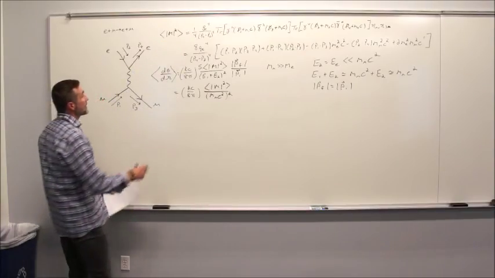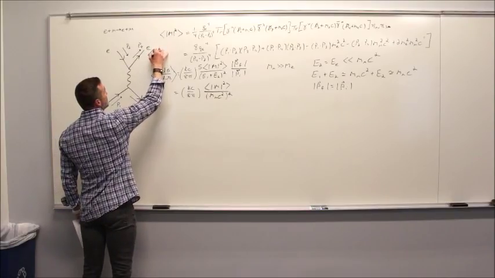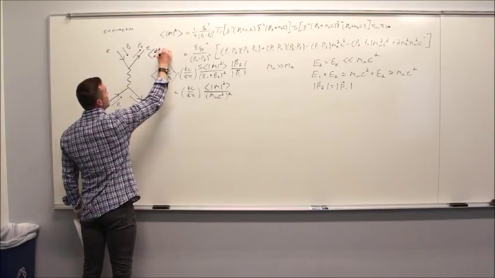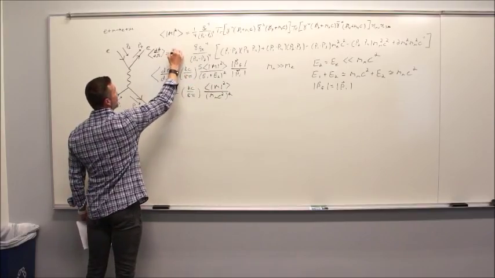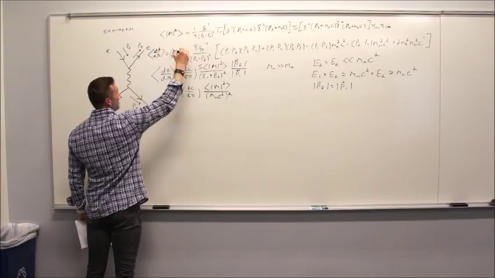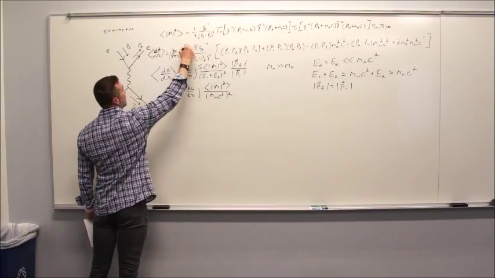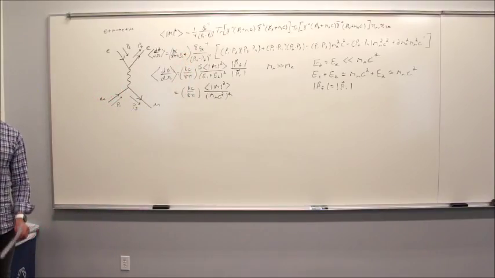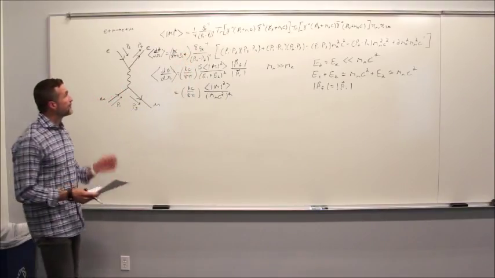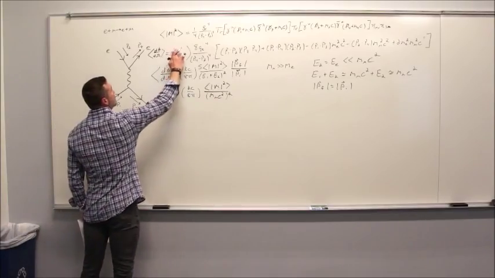So if I wanted to calculate this, I would just take that and multiply it by h bar c over 8 pi m mu squared c to the 4th times that, and I'm done. So that's my d sigma d omega.